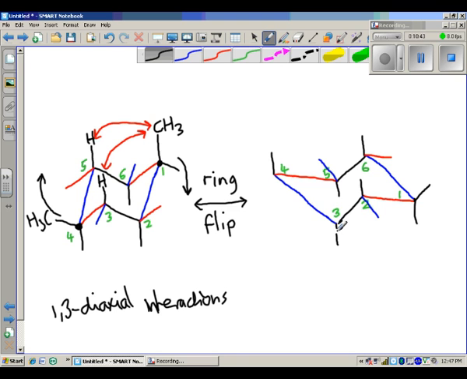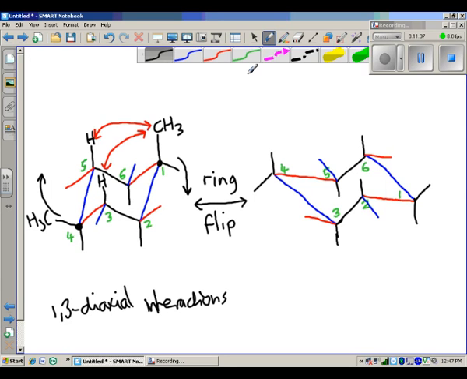Let me fill in everything else. That's the way it's supposed to be. A little bit banged up, but what the hell. Okay, that's better. And then we have just one more bond to put on, and that's our axial hydrogen there.